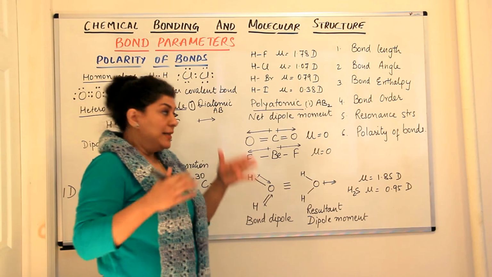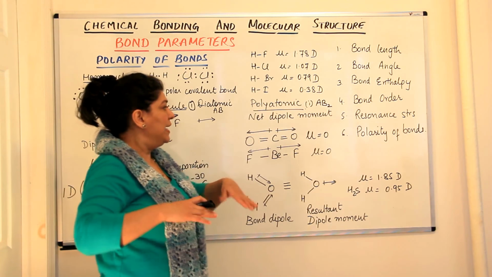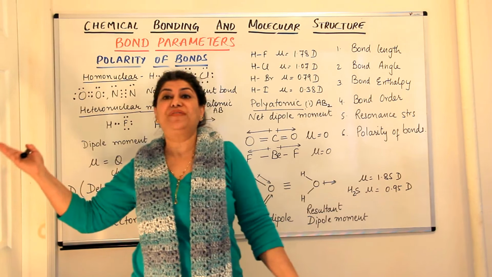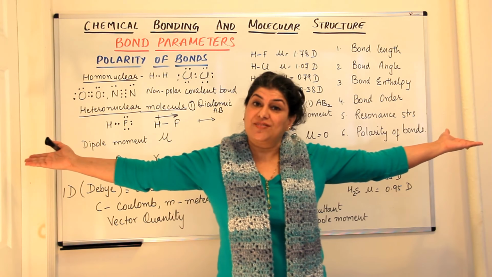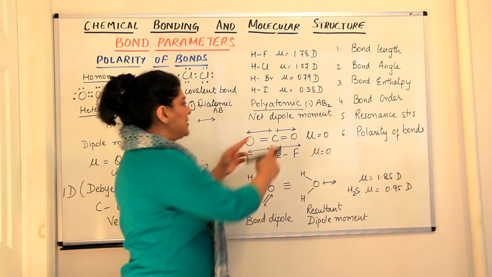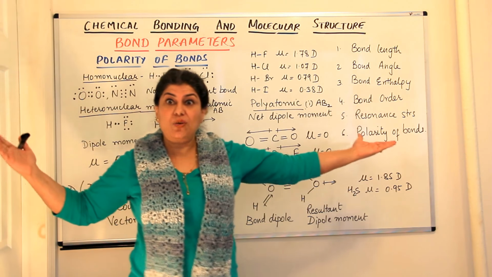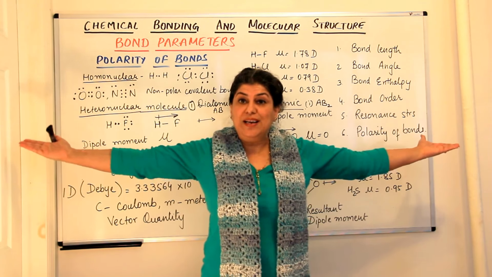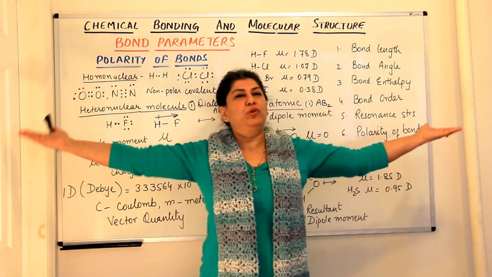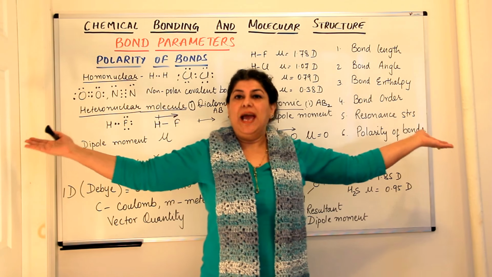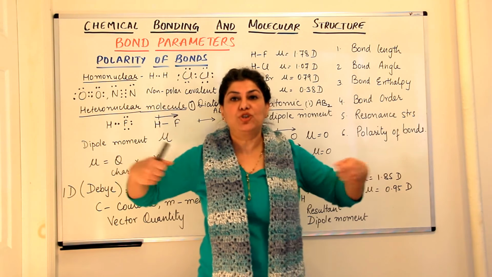So what happens? The dipole moment is actually pointing in two absolutely opposite directions. When this happens, since dipole is a vector quantity and they are equal magnitudes, you can imagine there are two people playing a tug of war and both of them have the same energy and both of them are pulling the rope from the two sides.